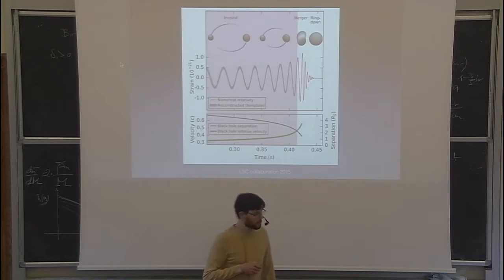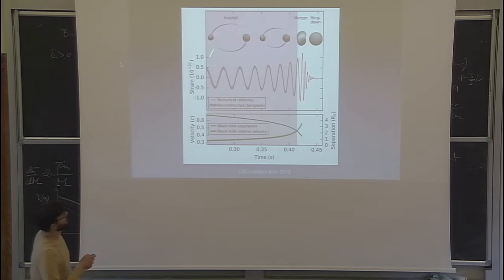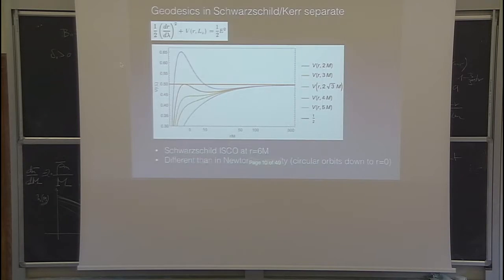For the moment, I will focus again on the chirping part of the waveform, for which I will need essentially the innermost stable circular orbit. Since all of you have seen this one way or another, let me be very quick about it. The innermost stable circular orbit, or ISCO in short, is, as the name says, the circular orbit with the smallest possible radius that you can have around a Schwarzschild or Kerr black hole.